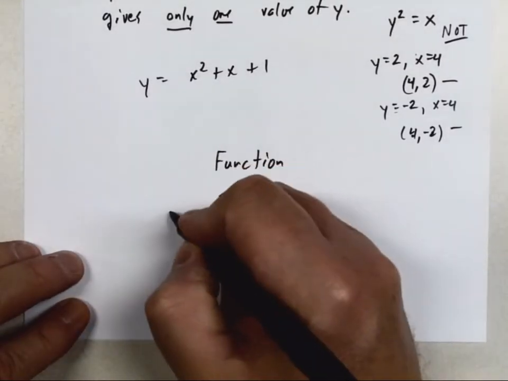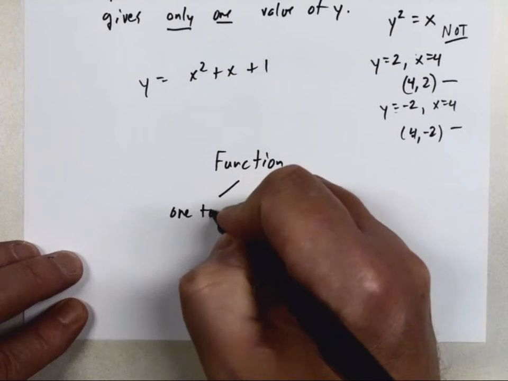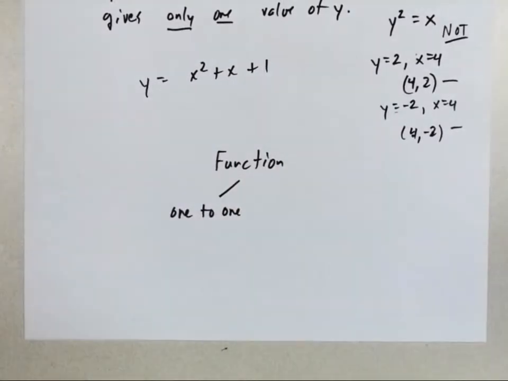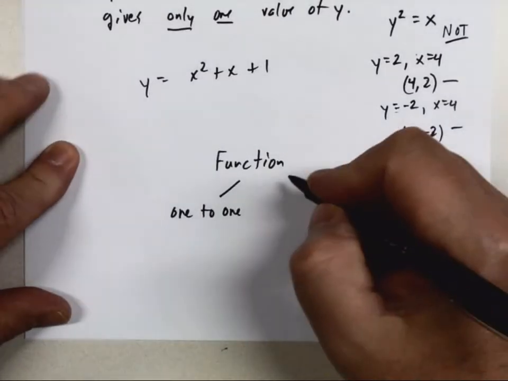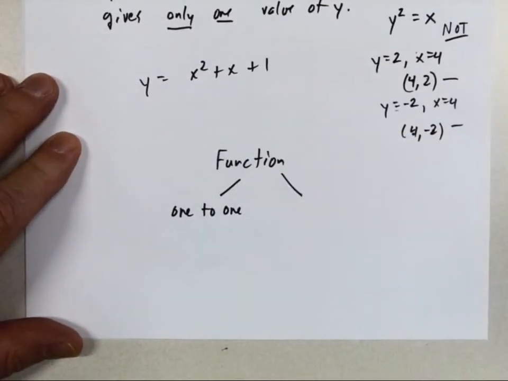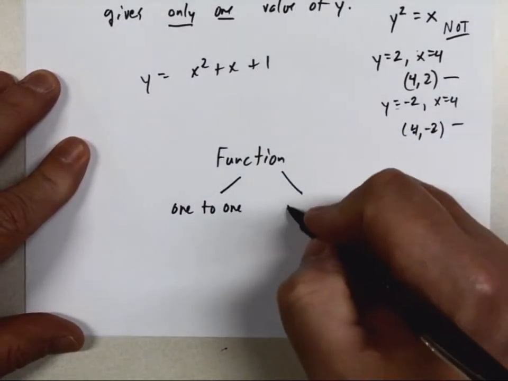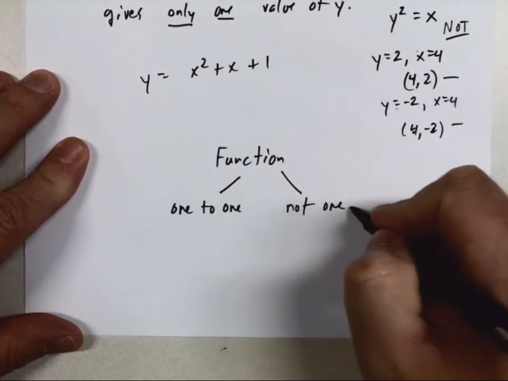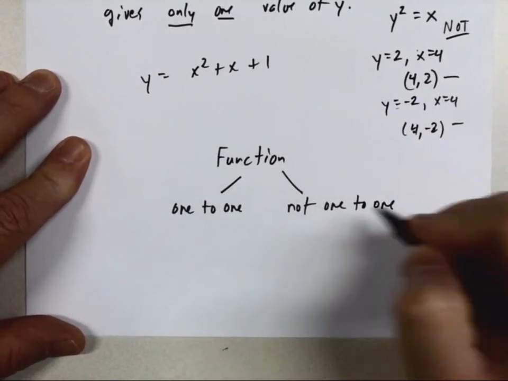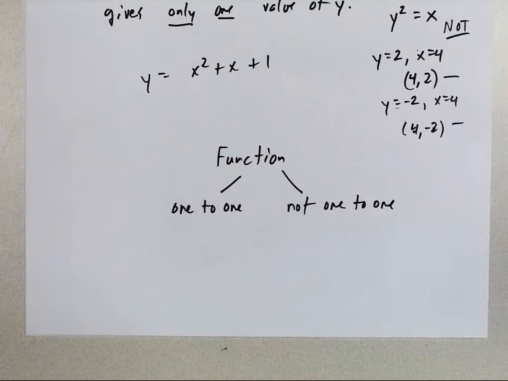Some functions are called one-to-one functions. So what do you think we call the functions that are not one-to-one? No fancy math words that I know of. We just call it not one-to-one.